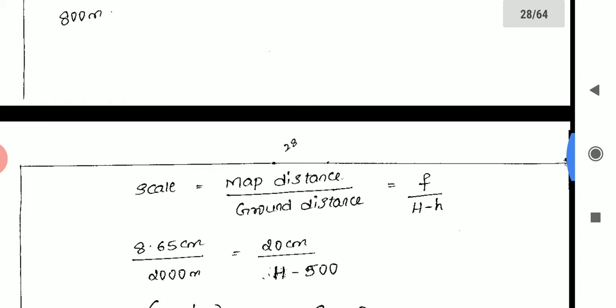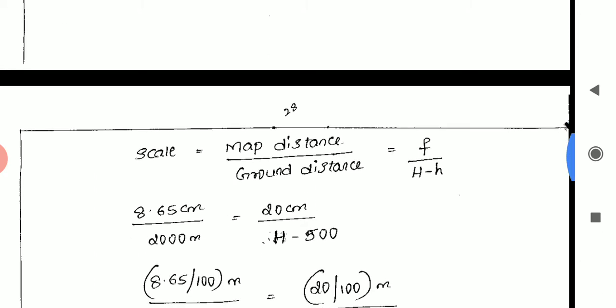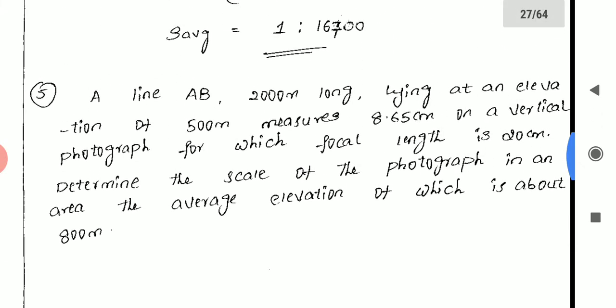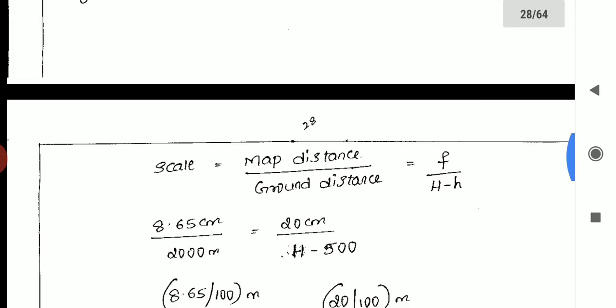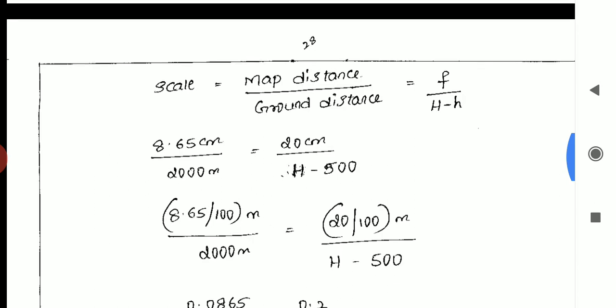So for scale, the formula is map distance divided by ground distance. Here the map distance is nothing but the focal length, and the ground distance involves capital H, the height above the mean sea level, and small h, the height at a different level. The map distance we know, he mentioned 8.65 centimeters, and the ground distance is also mentioned, and only h he asked.